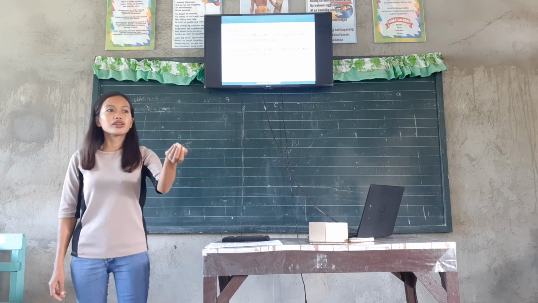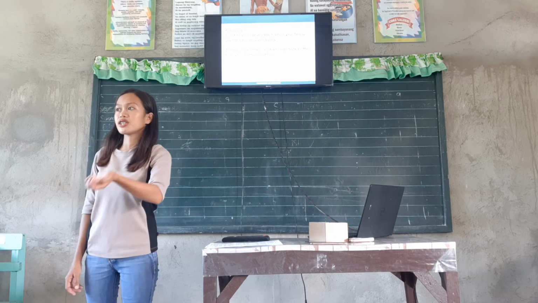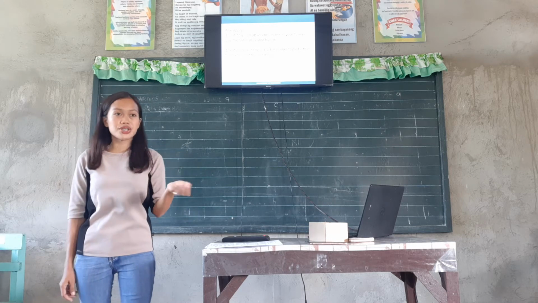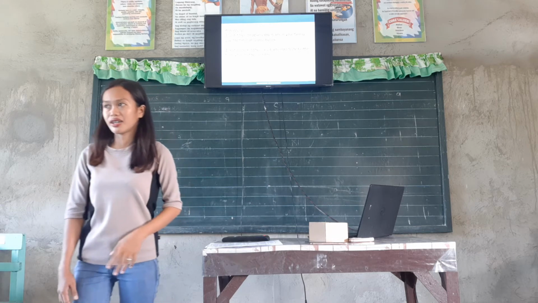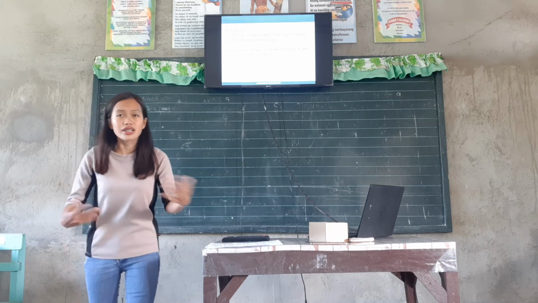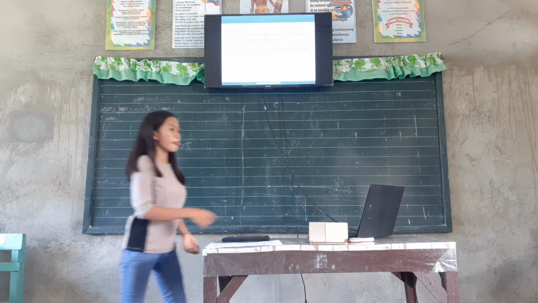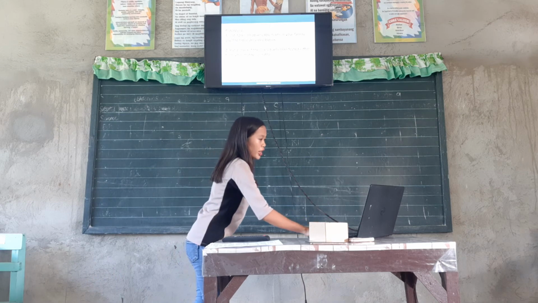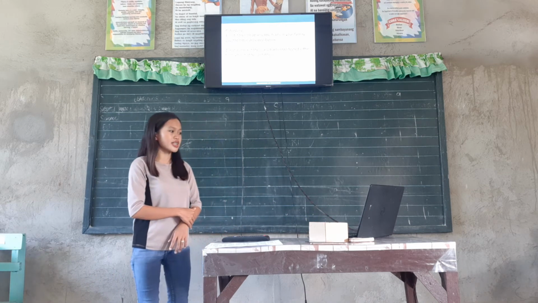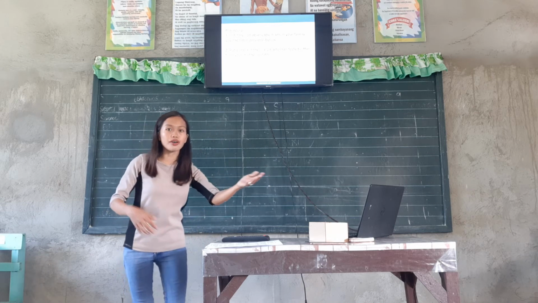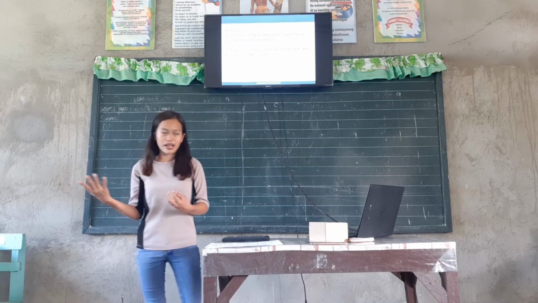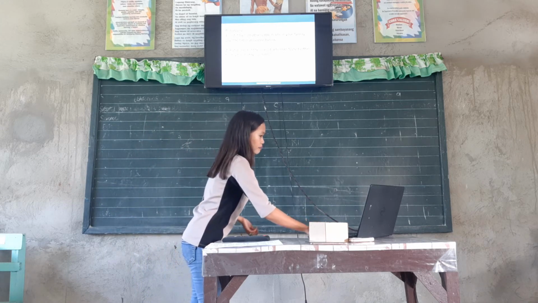In your activity sheets, list down some of the observable traits. If you can add something, that's very good. If you cannot add something, that's also good. So use the table provided. Put a check if there are traits manifested either from the mother or the father, the lolo, the lola, the ate, the kuya. So put a check.